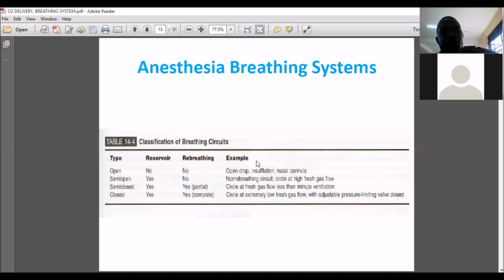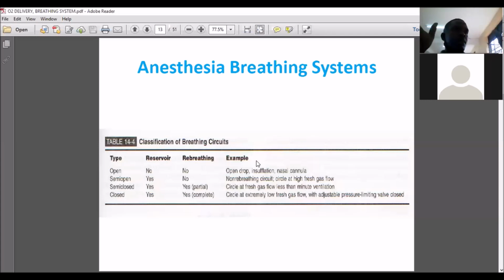Now the open system, like we have an open drop with chloroform. What you breathe in, breathe out, it's on you. Nasal cannulas also just increase the concentration of oxygen around your nose, so they are also an open system. It has no reservoir and you don't rebreathe.